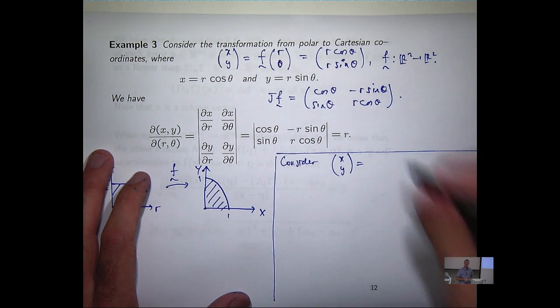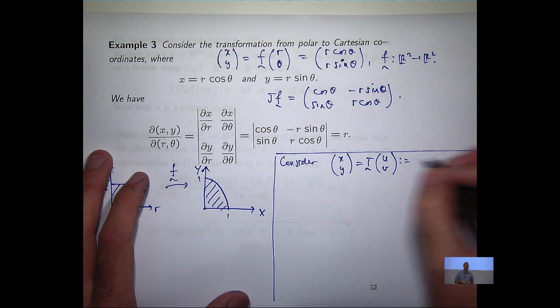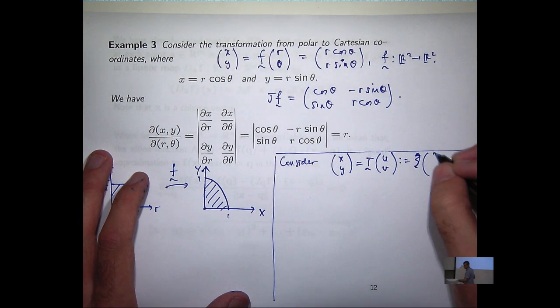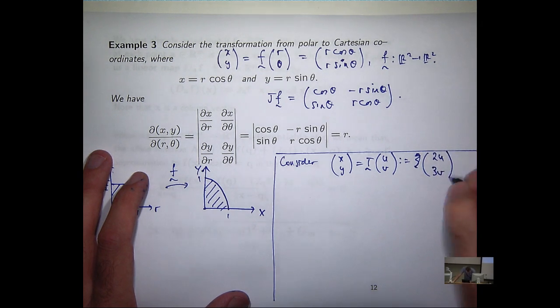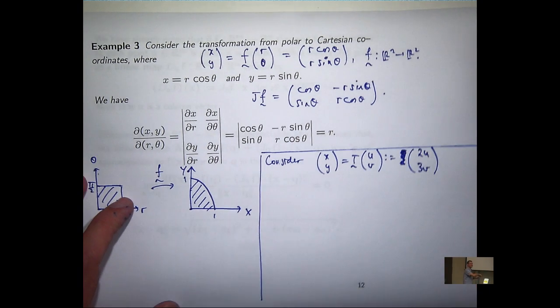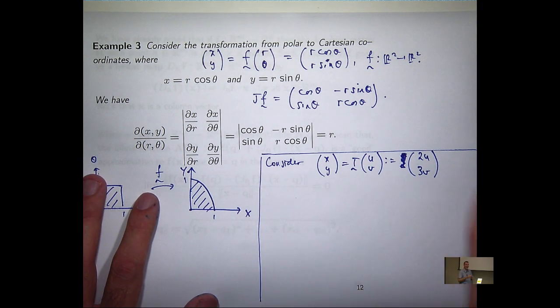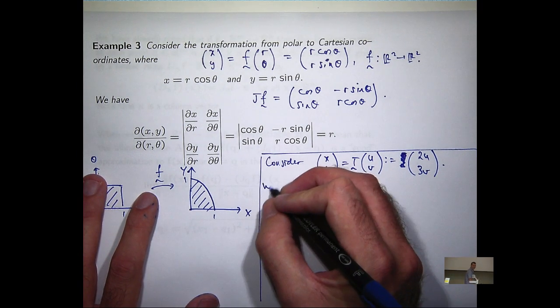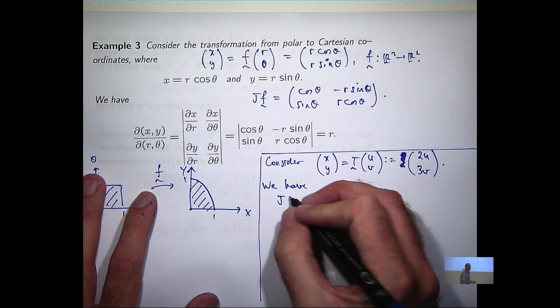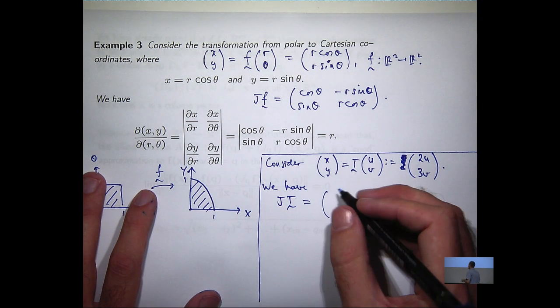What have I used? T. Okay, so this is a real simple function. Now let's calculate the determinant. The Jacobian and its determinant, right? So if I go through, I'll get something like this.